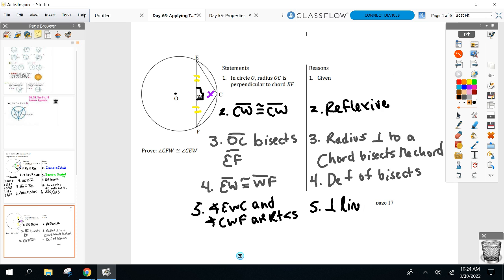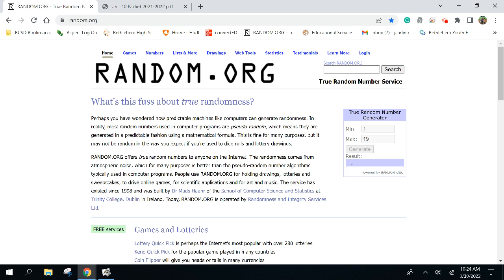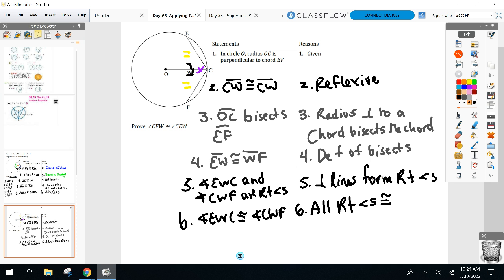Perpendicular lines form right angles. Remember this? Two-step process. Now you can say they're congruent. And I think most of you guys could be on your way now. EWC congruent to CWF. All right angles congruent. And now we got what method to say the triangles are congruent? What method you have?